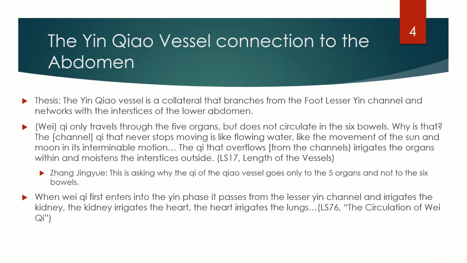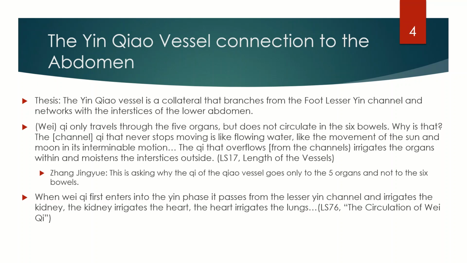Well, this line from Length of the Vessels in LS 17 is a kind of commentary on this line from LS 76, the circulation of Wei Qi, which says when Wei Qi enters into the in phase, it passes from the lesser yin channel and irrigates the kidneys, irrigates the heart, so on and so forth. And then eventually from the organs, it passes back up through the eye and then goes in again to the yang channels.